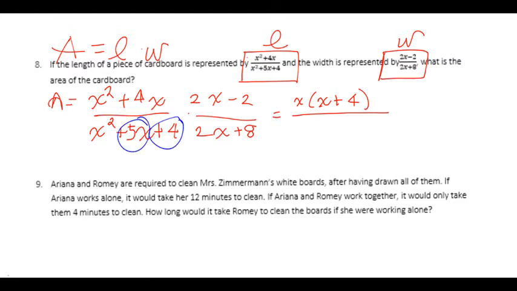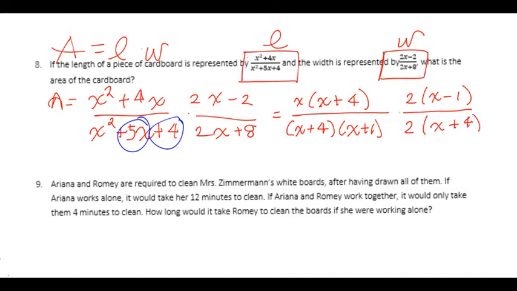That's going to be positive 4, to give me x plus 4 as one factor, and positive 1, x plus 1 as the other factor. These next two expressions both have GCFs. The first one, the numerator has a GCF of 2, leaving me with x minus 1. And the second one also has a GCF of 2, leaving me with x plus 4.